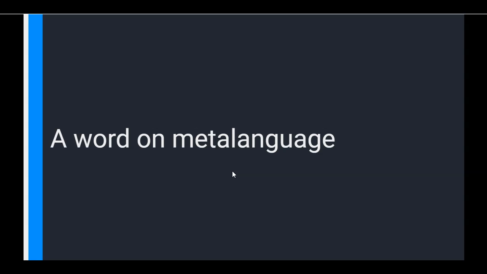A meta-language is a language used to describe another language. So that's really what we're dealing with here. When we talk about nouns, verbs, adjectives, adverbs, they are a meta language. They are words that we use to describe the object language. In our case, that's English. That's what we're teaching.